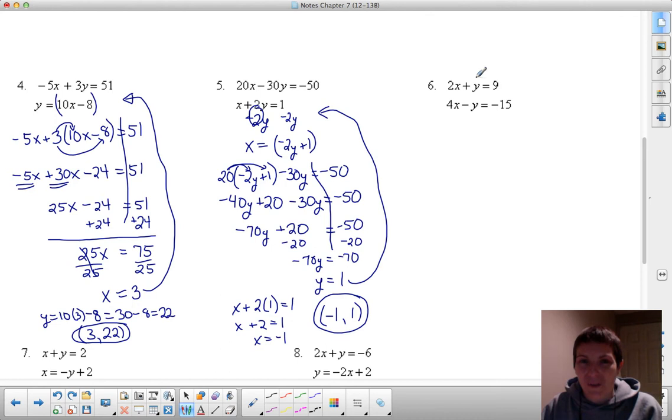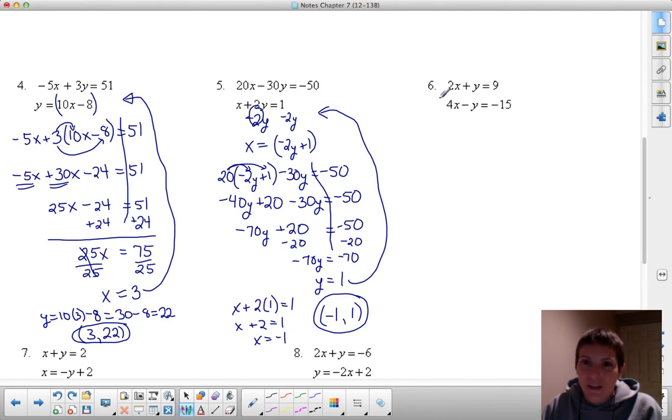All right, so let's go ahead and finish this problem. I take a look at both equations. I look for the variable that has the leading positive 1 coefficient. So the first equation has positive 1y. So this is the y I'm going to solve for.